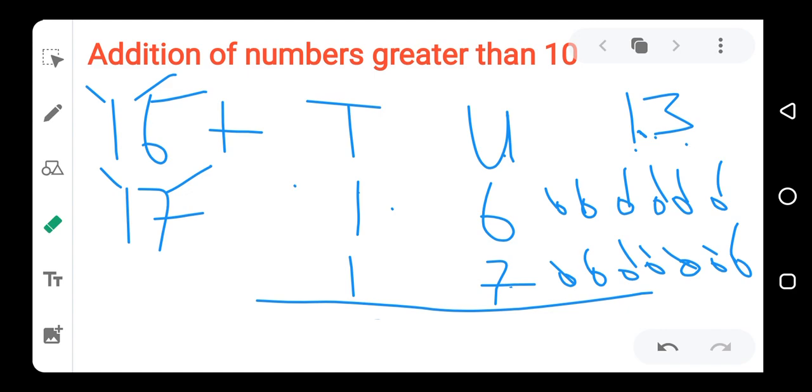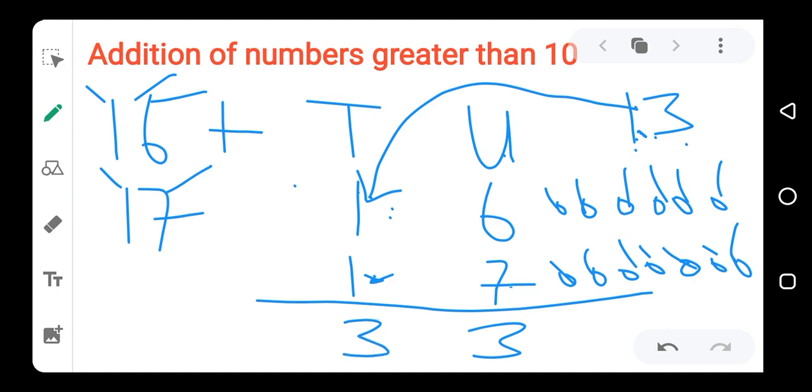Now the 13, we put the first number, 3, under U. The second number, the 1, we bring to the tens and add it to the other 1, and it becomes 2. Then the 2 plus the 1 becomes 3. So we now have 33. So 16 plus 17 is equal to 33.